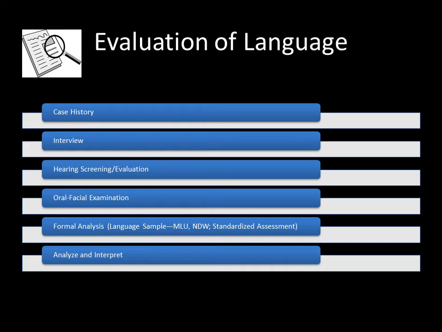You do that by conducting a language sample, and that's where you video record or audio record the child's spontaneous speech in play, and you calculate mean length of utterance. So that's MLU. We're looking at number of morphemes that they're producing.